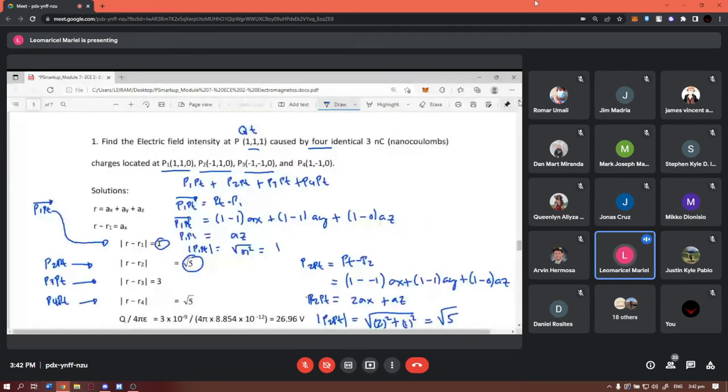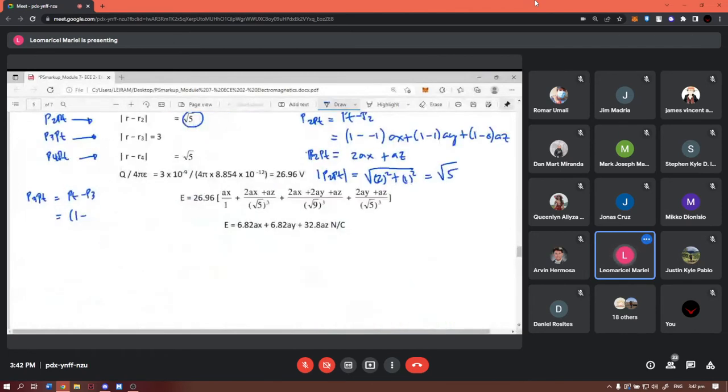Okay, minus 1 AX plus 1 minus negative 1 AY plus 1 minus 0 AZ. Kaya kung kukunin natin yan, P3 PT, that will be 2AX plus 2AY plus AZ.